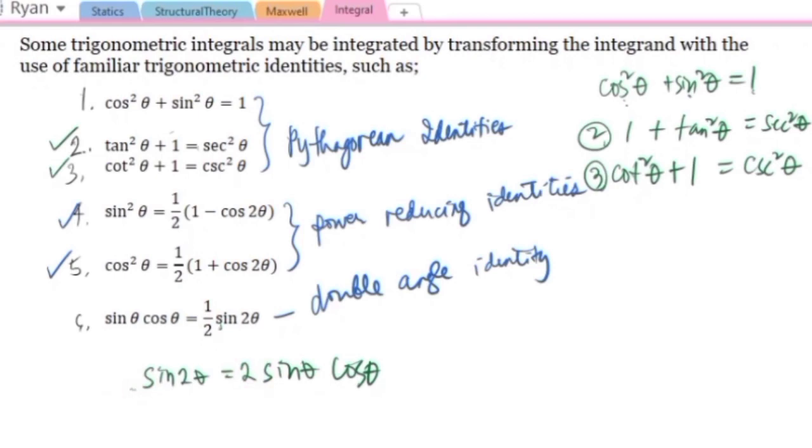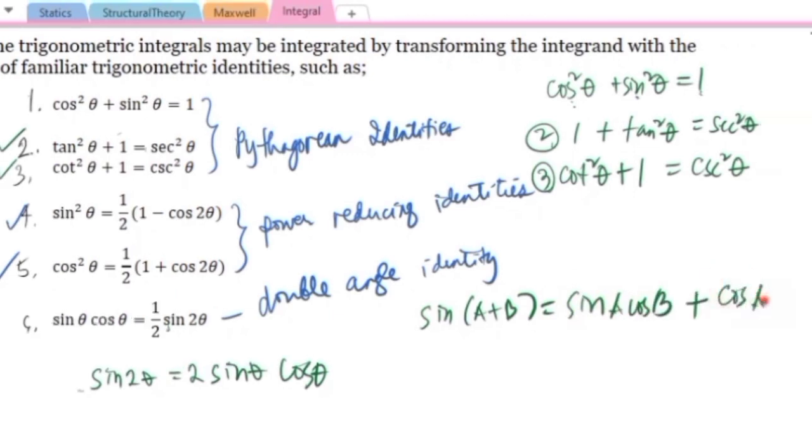So, saan nanggaling itong formula number 6? Ang formula number 6 ay nanggaling lang doon sa formula A ng sum and difference identities. So, sinasabi doon that sine of A plus B is equal to sine A cos B plus cosine A sine B.